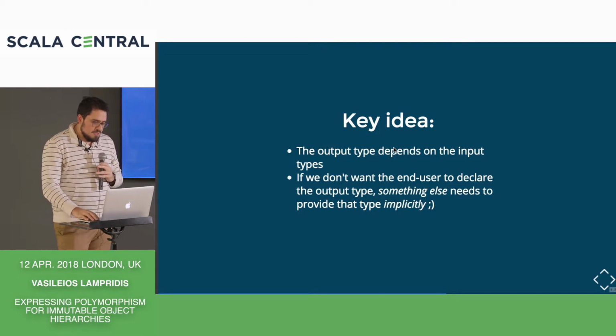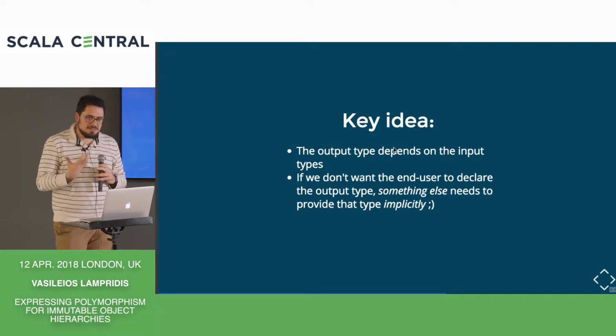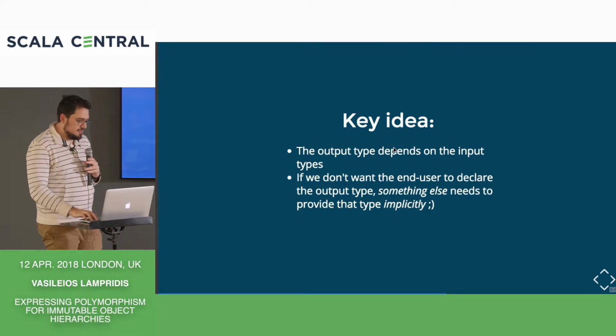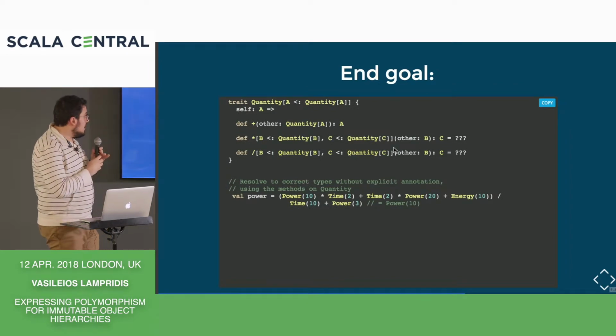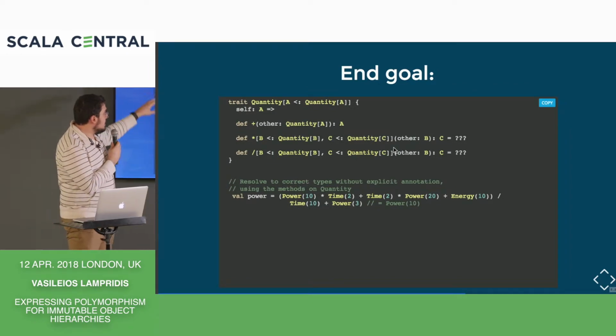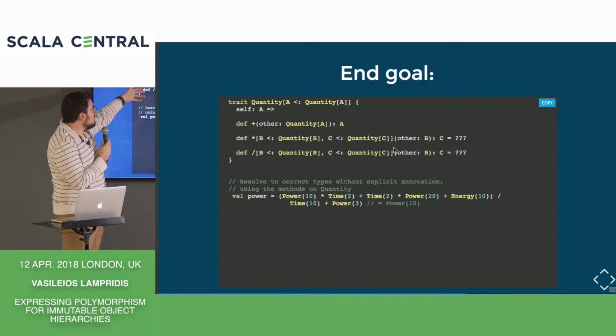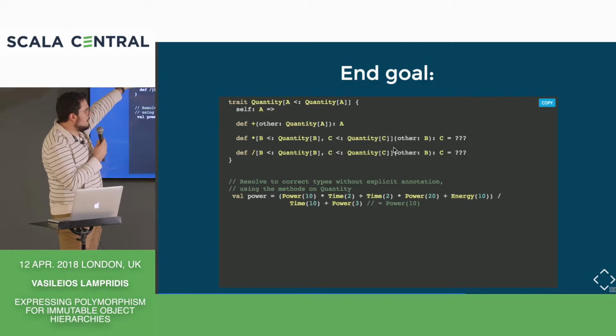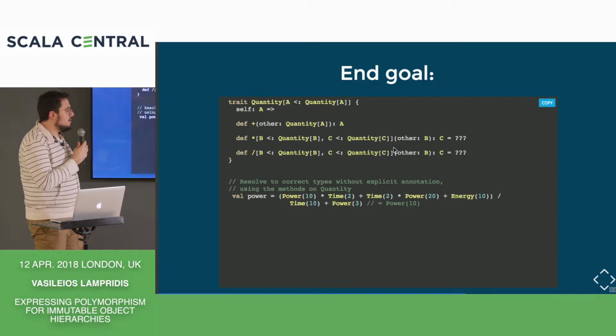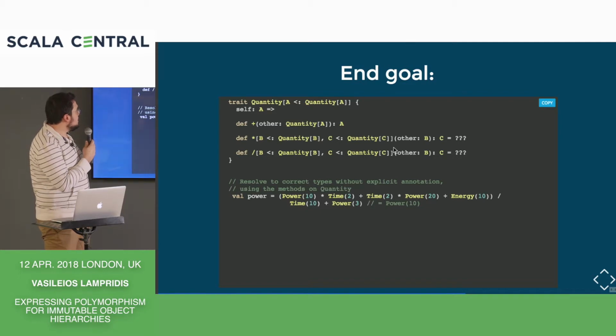So that's exactly the idea that we get into, that we need some other mechanism to provide us the output type. And essentially, you see that would be the signature of the method, and I'm still building upon the previous self-bounded example.